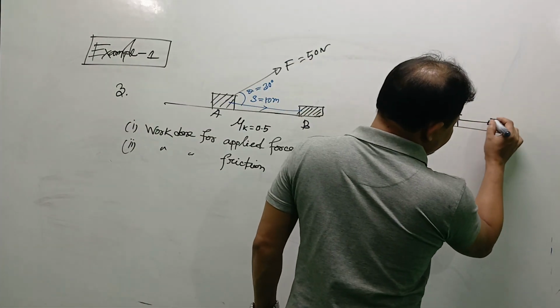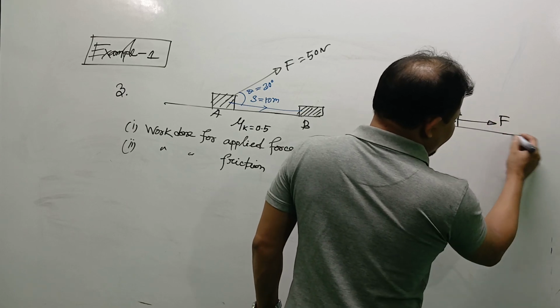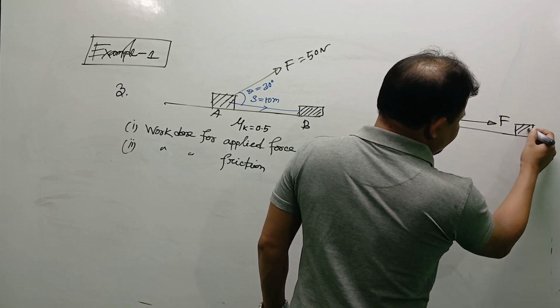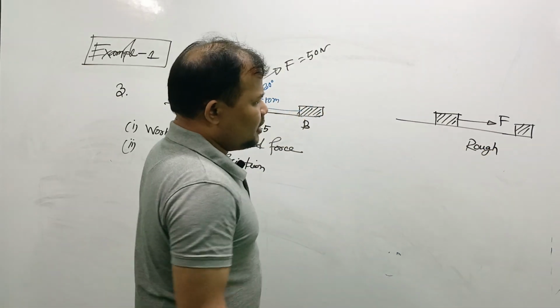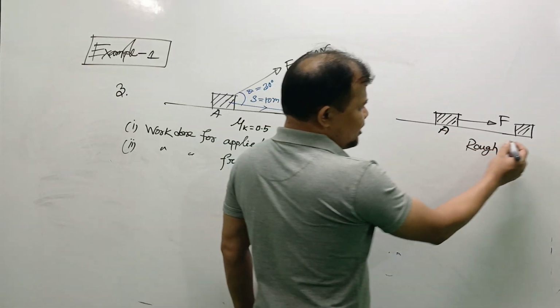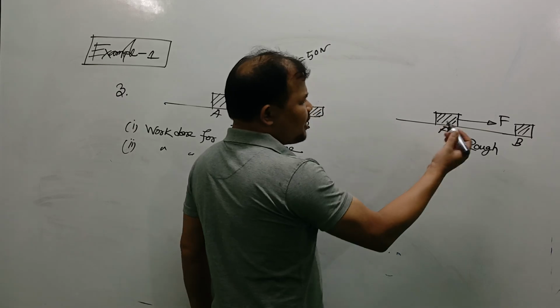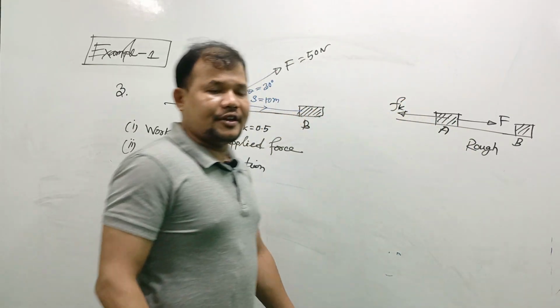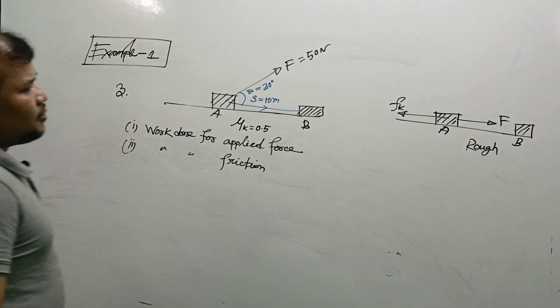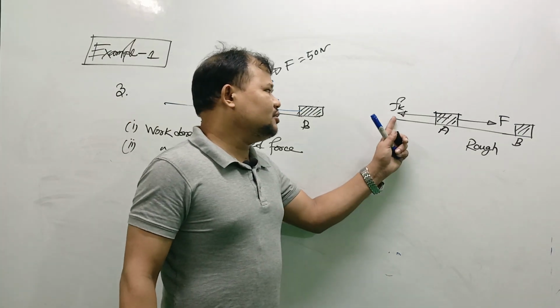Suppose this is the direction of the applied force, and this is a rough surface. If this body goes from point A to B, then in the opposite direction of the applied force there is a friction. Suppose the name of this friction is kinetic friction, Fk.